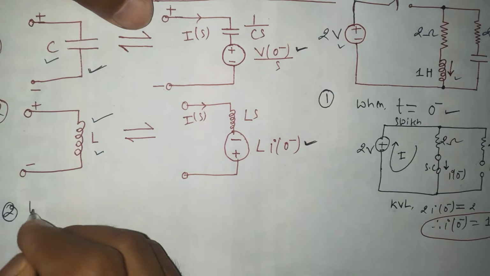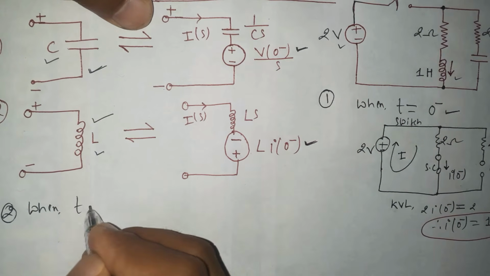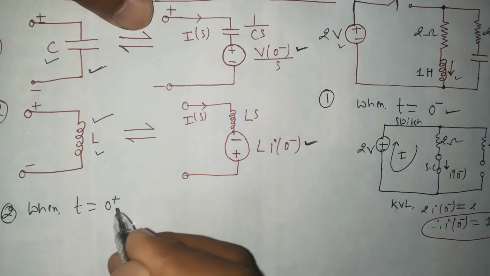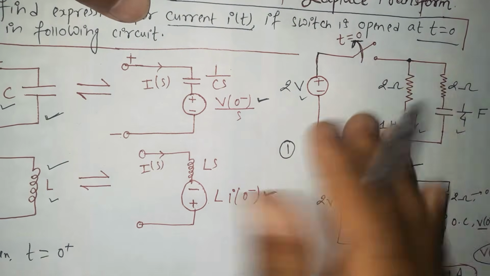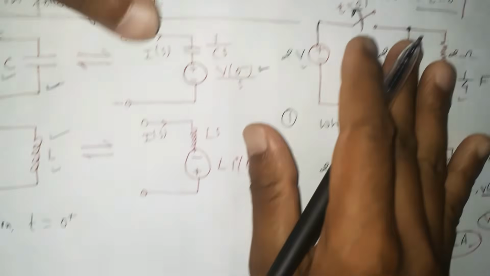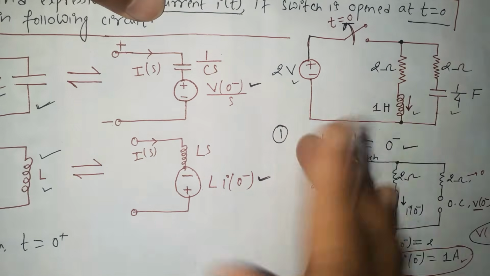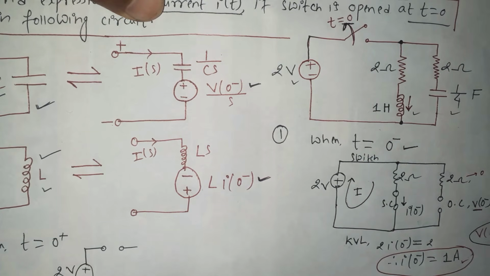When the switch is open, at t equals 0 plus, the switch will be opened and the corresponding circuit will be an open circuit. Let me draw it. This is plus minus, this is 2 volt.